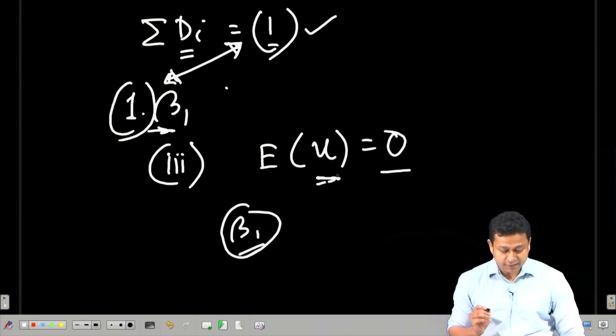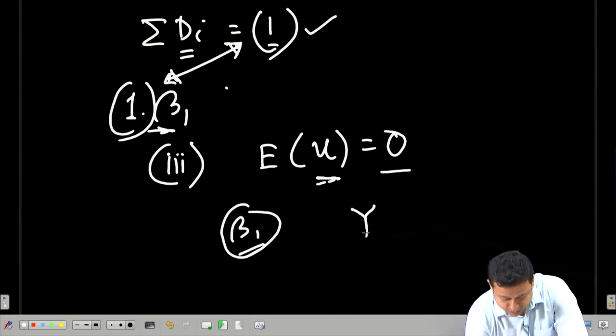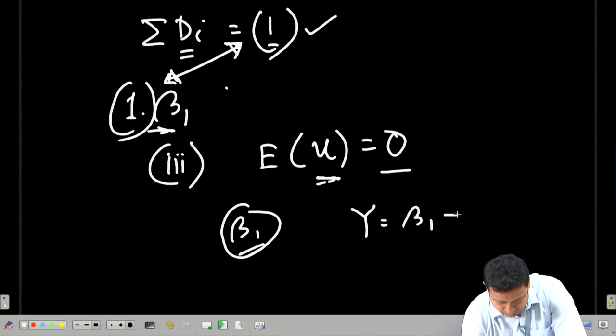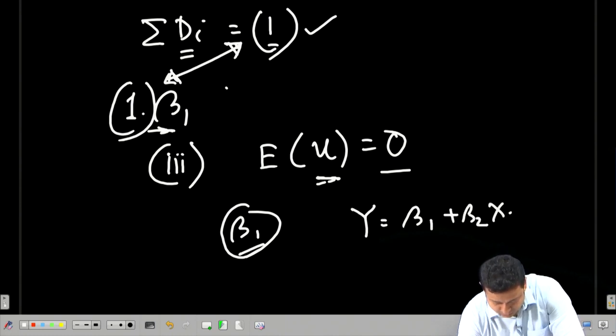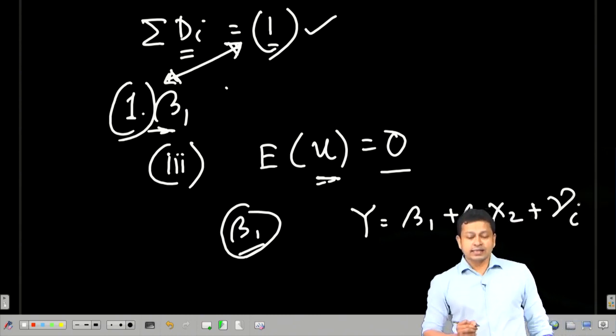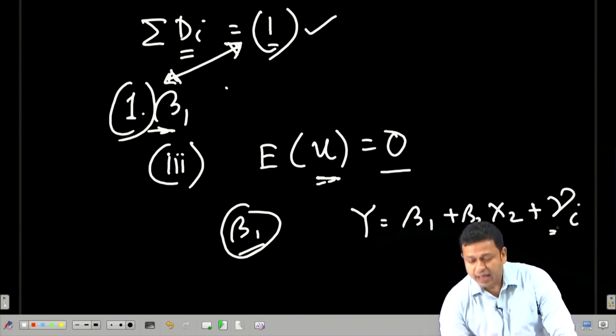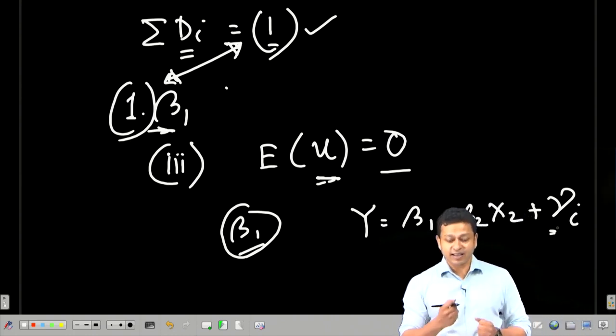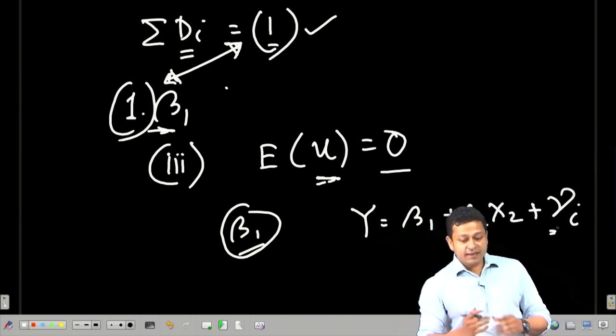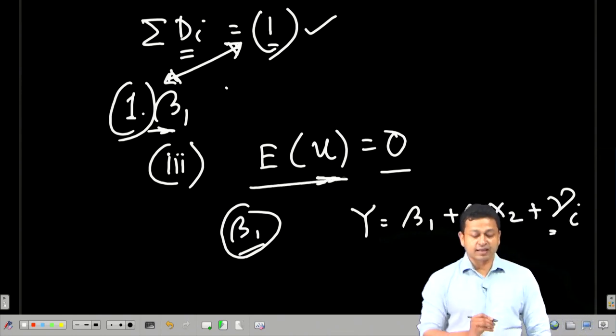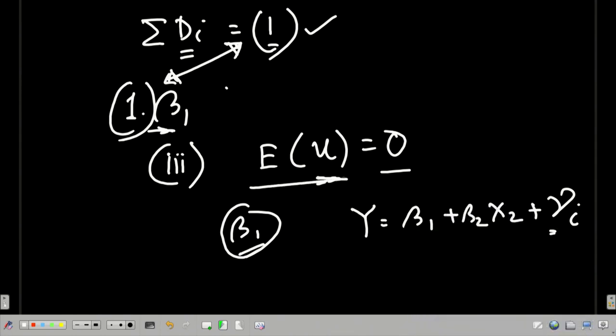Let us say we have our equation y is equal to beta 1 plus beta 2 x 2, and let us say I have an error gamma I, and gamma I has some trend. Now, to ensure that my expectation of u is 0: if I take the expectation of gamma I, it is going to give me some value u that is not 0, so it does not satisfy this condition.